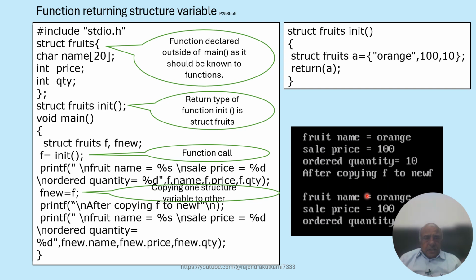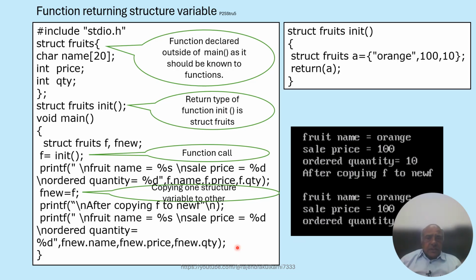After copying f to f new, again we got the values of f new using printf, and what we are getting here now is for f new dot name we get orange as the output, f new dot price we get 100, and f new dot quantity we get 10.